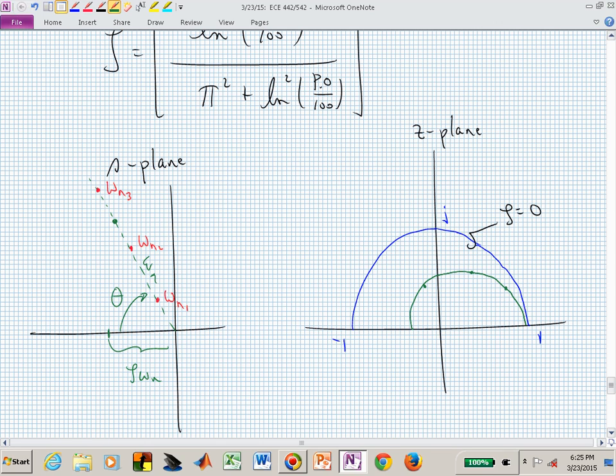So these logarithmic spirals, as you reduce the percent overshoot, is that okay? The percent overshoot decreases. Those logarithmic spirals, the region that you are allowing your poles to live in is now shrinking. If you want your percent overshoot less, your heart is getting smaller.